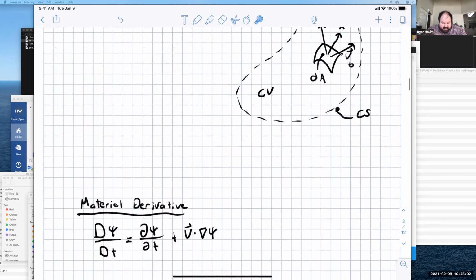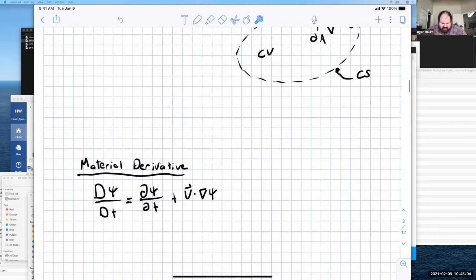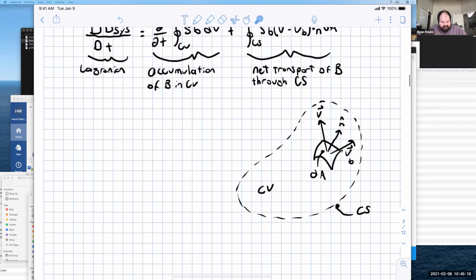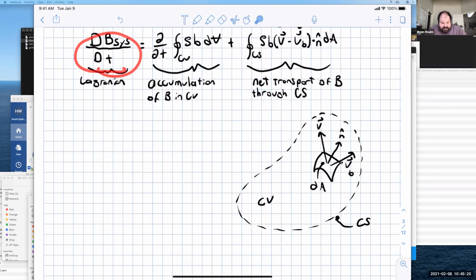One thing that I will derive is the material derivative. This is sometimes called the substantial derivative, and sometimes the Lagrangian derivative, because it is the differential form of this operator right here.